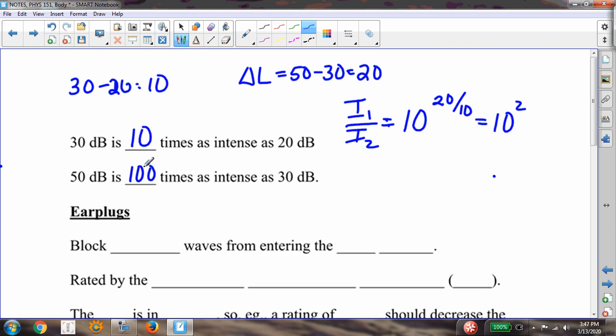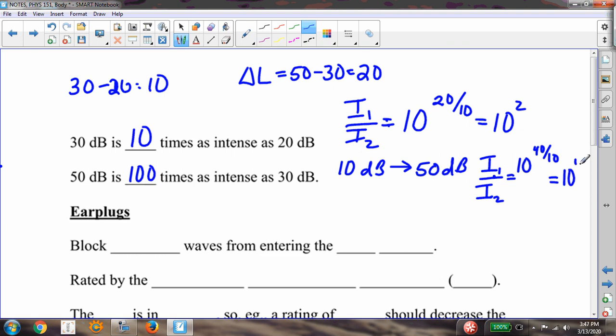What if I went from 10 decibels to 50 decibels? How much more intense is that sound going to be? I1 over I2 is equal to 10 to the 40 divided by 10, that's equal to 10 to the 4th.